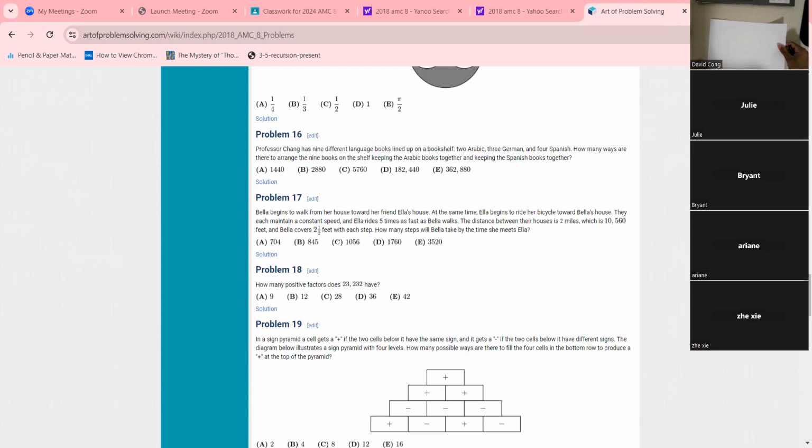So question 18. How many positive factors does 23,232 have? Well, our first challenge is finding the prime factors of this number itself. But what do we know? There's a divisibility rule for 11.